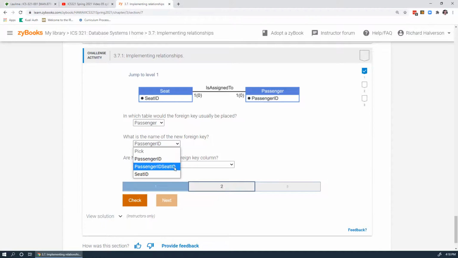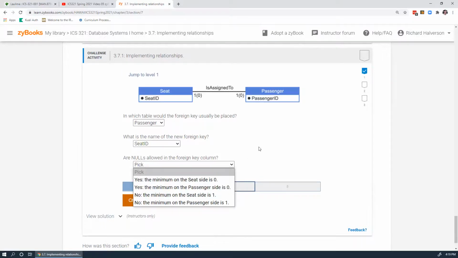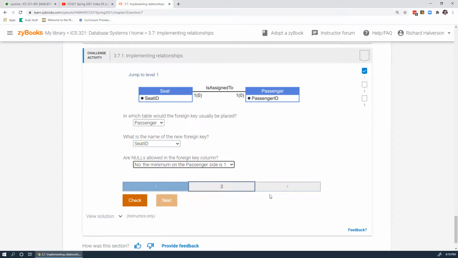What is the name of the foreign key? Seat. And are nulls allowed in the foreign key column? I guess no. The minimum on the seat side. The foreign key is seat ID.